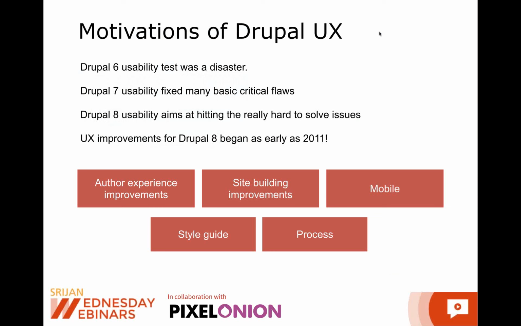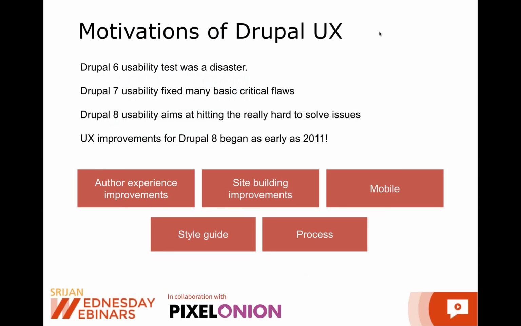Then site building, for site builders, improving how easy it is to build sites in Drupal. Mobile, something that is a necessity today. And there was this style guide which I will share a little bit later on. And basically a lot of process improvements of how content and everything else is being managed.